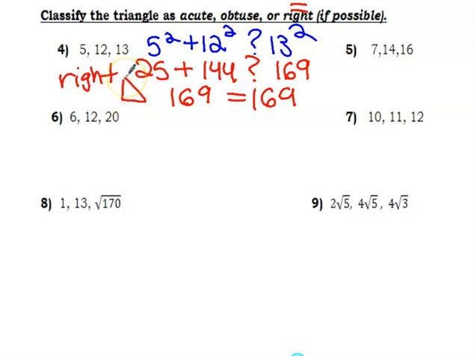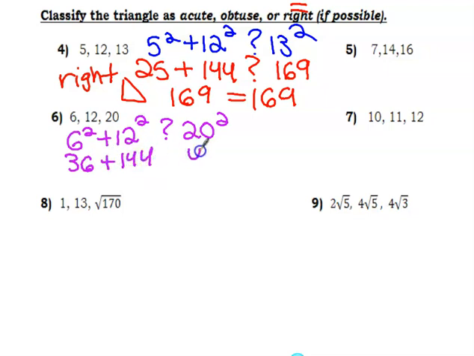Okay? All right, for the next one, 6, 12, and 20. So 6 squared plus 12 squared, question mark, 20 squared. So let's see what happens. 6 squared is 36. 12 squared is 144. So 36 plus 144 is 180.